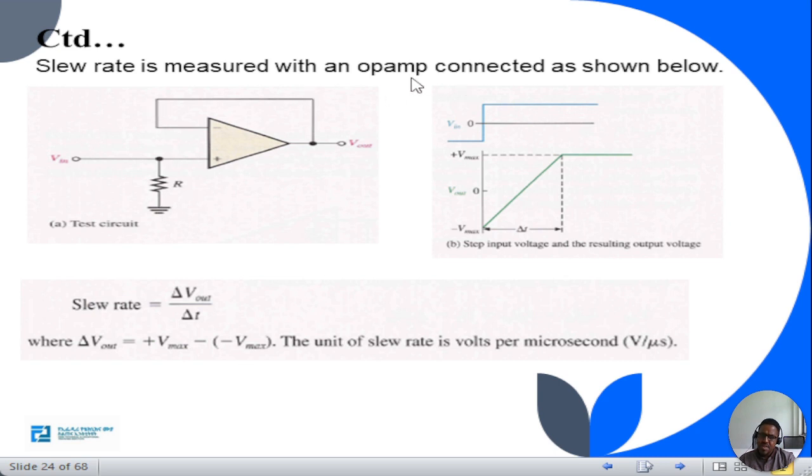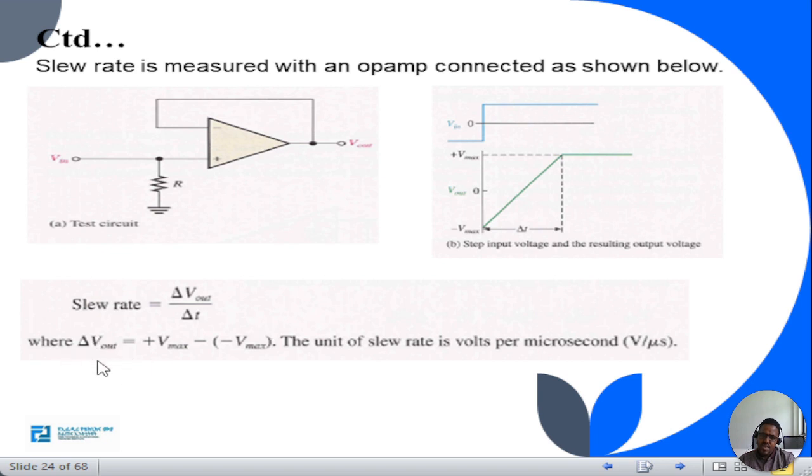The slew rate is measured with the op-amp connected as shown in this figure. This is our input, and what is in the output? So a step input voltage and the resulting output voltage. Another equation to calculate slew rate is change of V out over change of time.